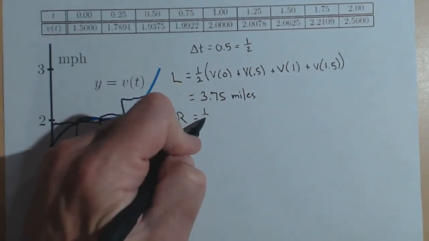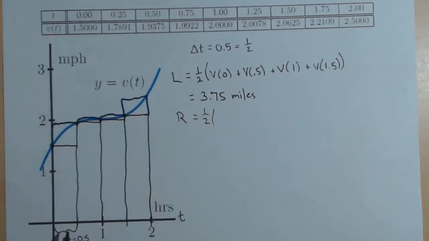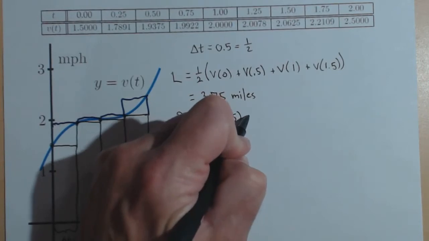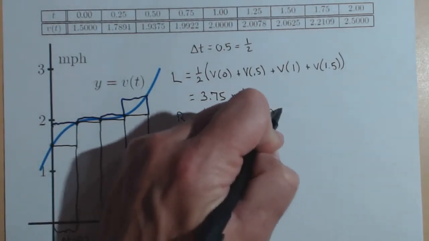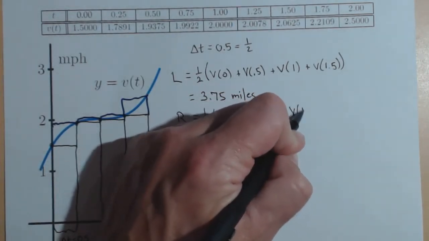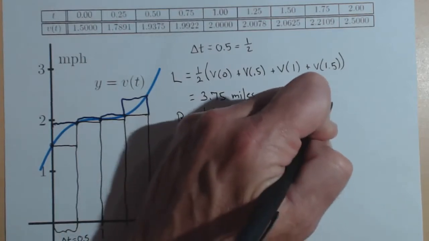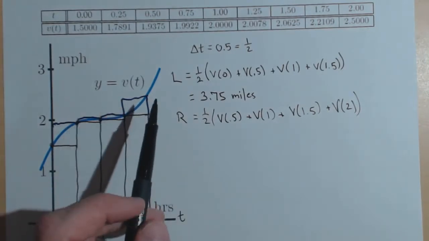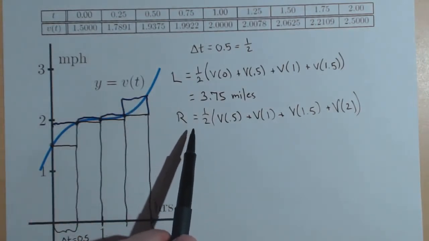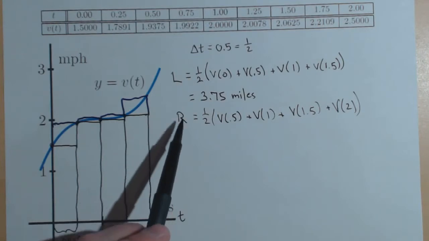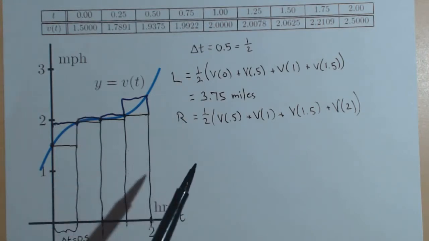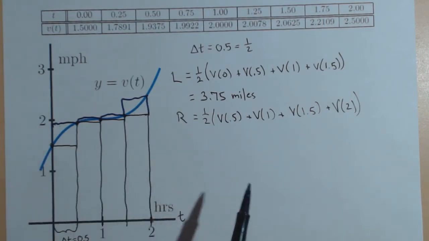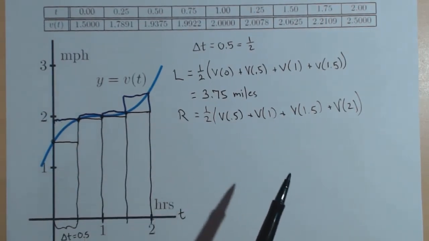That would have been 1/2, and now instead of starting at v of 0, we would have started at v of 0.5: v of 0.5 plus v of 1 plus v of 1.5 plus v of 2. That would have given us another estimate of the area. And if we wanted to, we could average the left-hand and right-hand rules to get a little bit more accurate. These are all ways that we can estimate. I just decided to do a left-hand rule for this particular video.